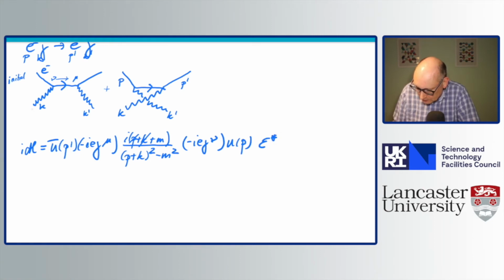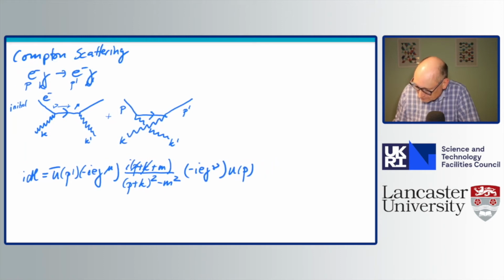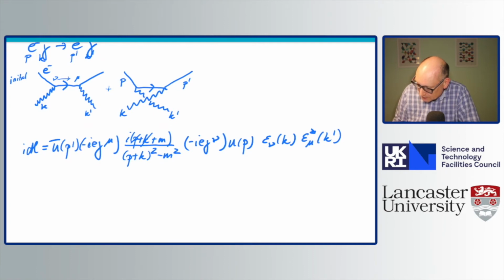The incoming one, so the initial photon will have an epsilon nu of K, and the outgoing will be an epsilon star mu of K prime, using the rules for the incoming and the outgoing photons.